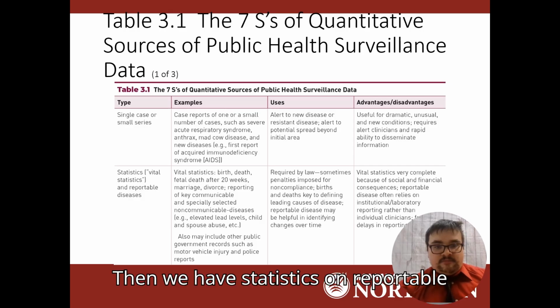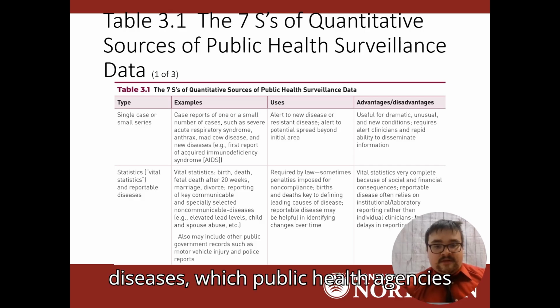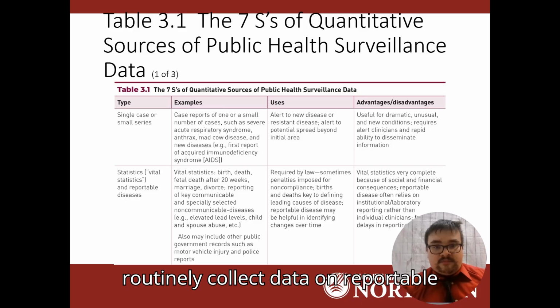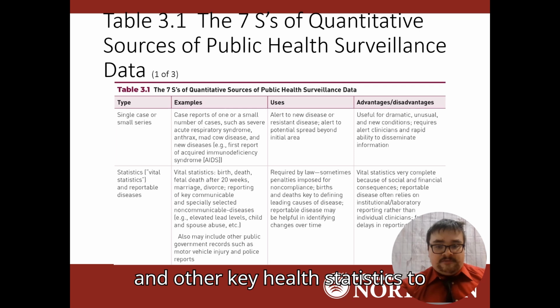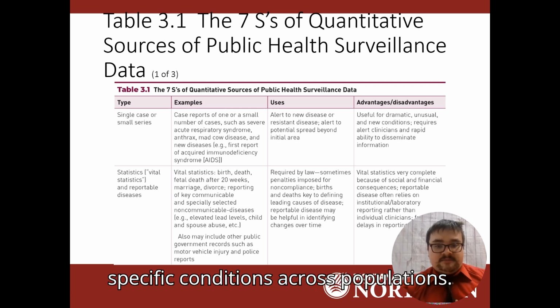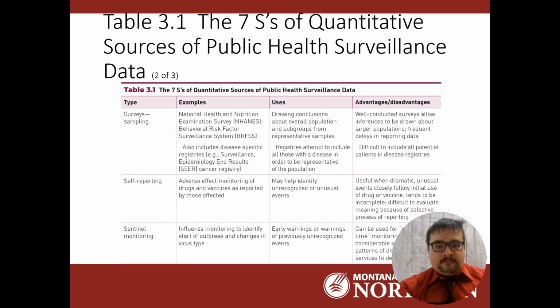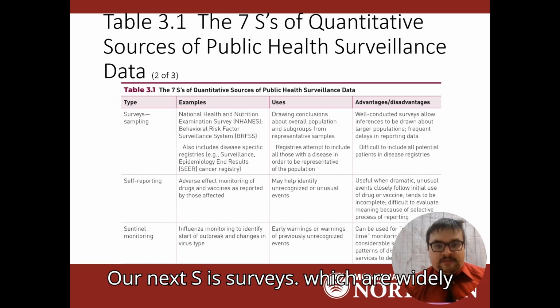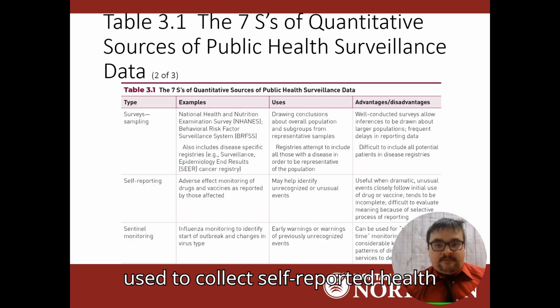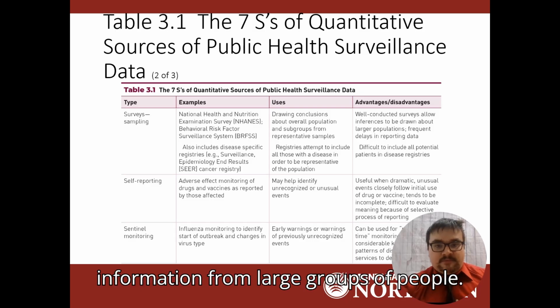Then we have statistics on reportable diseases, where public health agencies routinely collect data on reportable diseases, say infectious diseases, and other key health statistics to monitor the frequency and spread of specific conditions across populations. Our next S is surveys, which are widely used to collect self-reported health information from large groups of people.